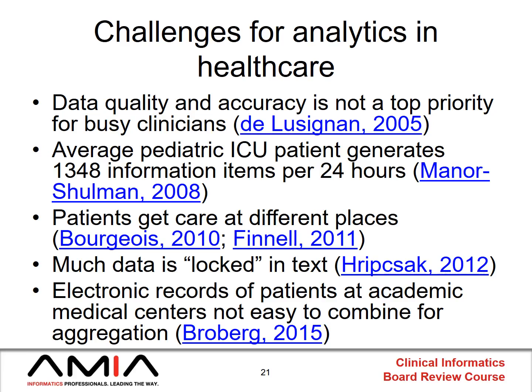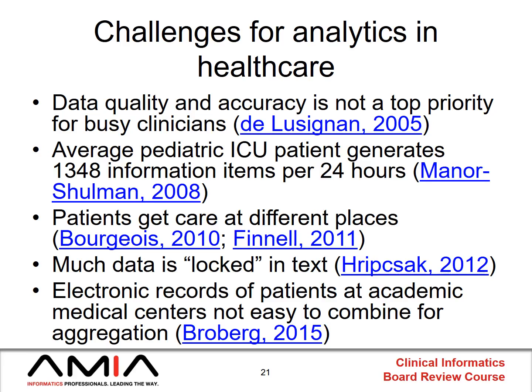One study looked at pediatric ICU patients who generated an average of 1,348 information items per 24 hours. Another challenge is that patients get their care in different places. The data are not always able to be aggregated when we're doing any kind of analysis with it.